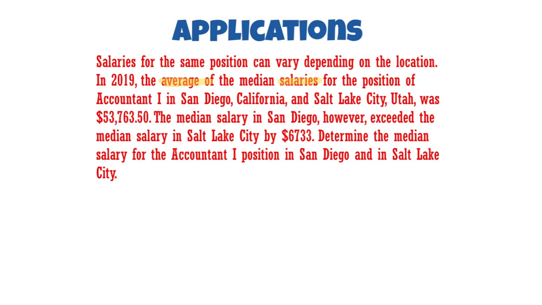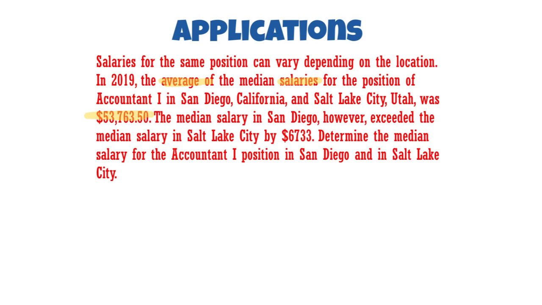So in 2019, the average salaries for an accountant in San Diego and Salt Lake City was $53,000. So the average salary between those two cities was 53,000. Okay, that's going to be one of my equations right there.